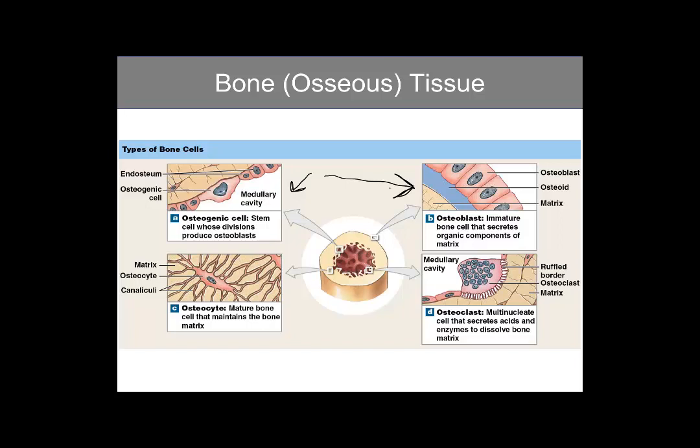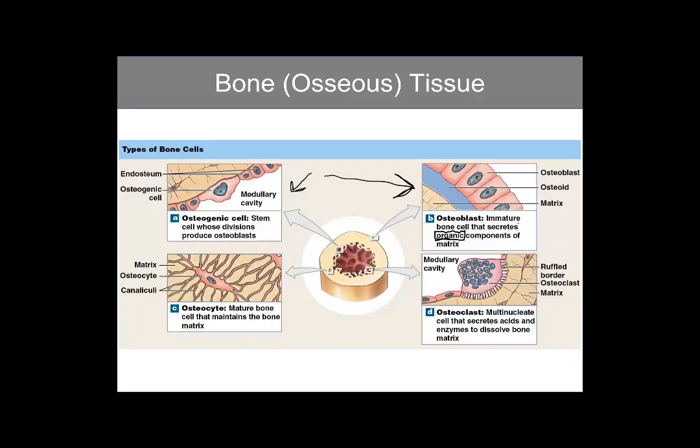Osteoblasts are immature, and they secrete an organic compound of the matrix. If you recall that the matrix of bone is largely calcium salt and collagen, the organic component of that would be collagen. So osteoblasts lay down the framework of the collagen.